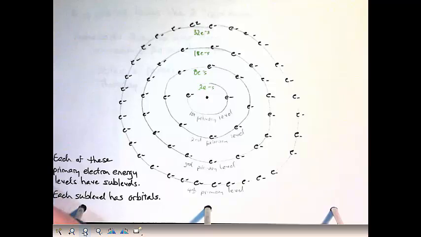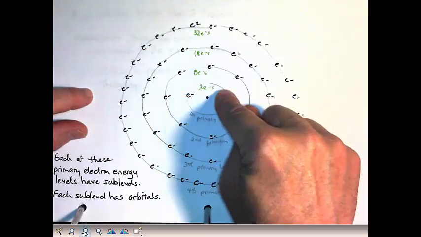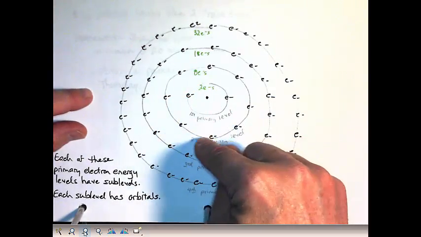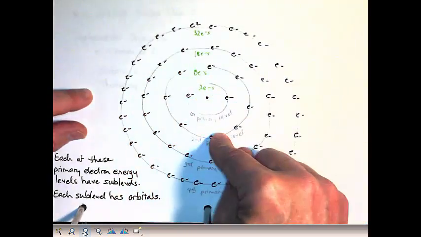push each other apart. The only reason that electrons can be in the same orbital, and we're going to talk about this a lot in orbital notation, is because they have what's called opposite spins. Okay? We don't need to know that right now. What we need to know is this layer of electrons doesn't like this layer of electrons.